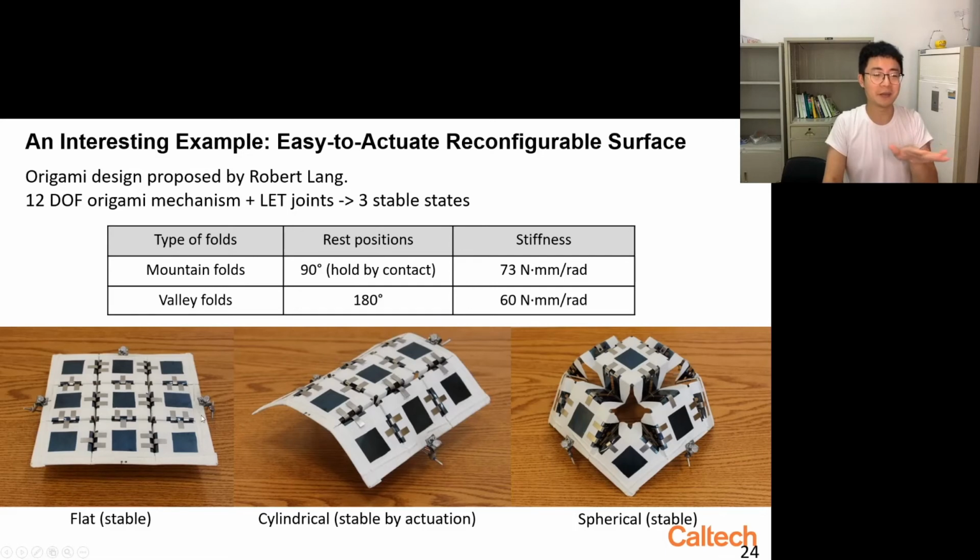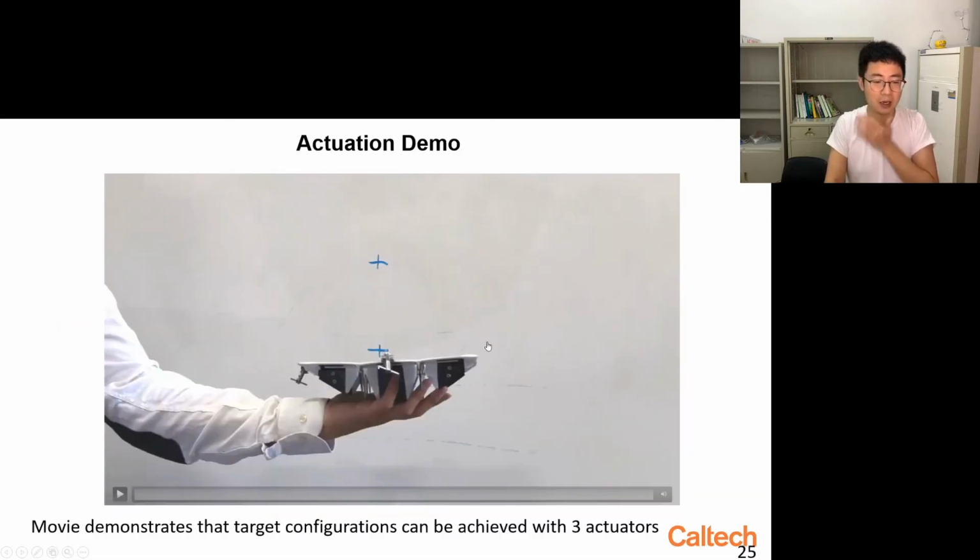You can see flat, cylindrical, spherical. There are a lot of details in it, but it doesn't matter. Just move on to this video.